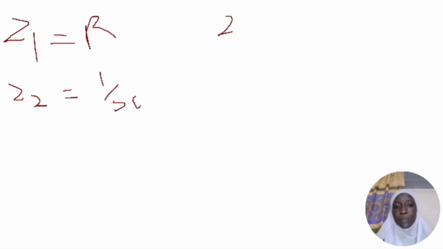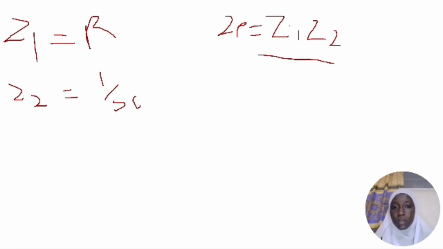So we said ZP is equal to the product of the two, Z1 Z2, over Z1 plus Z2.